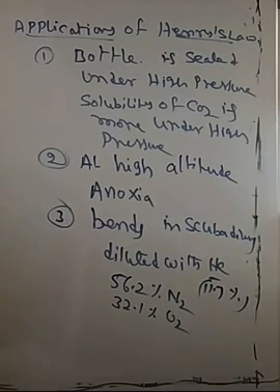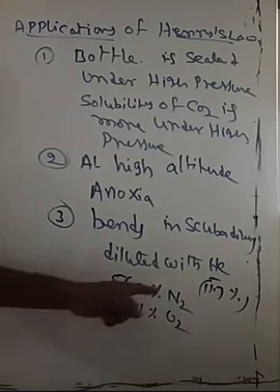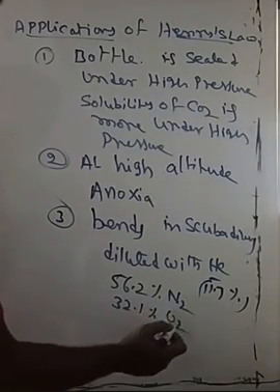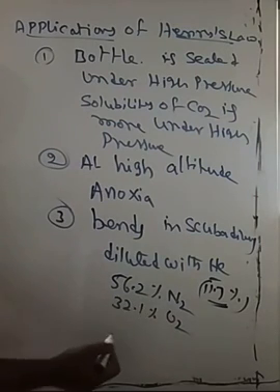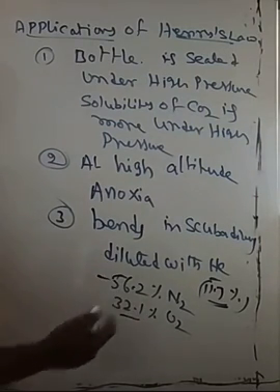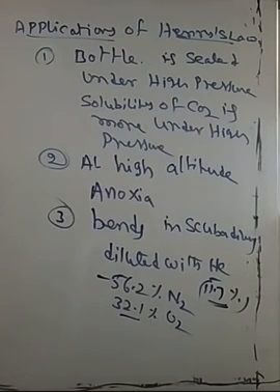These symptoms are known as anoxia. And the third one is about Bends disease. To avoid Bends disease, the air cylinders are diluted with helium along with nitrogen and oxygen. The composition is helium 11.7, oxygen 32.1 and nitrogen 56.2. So these are the applications of Henry's law.